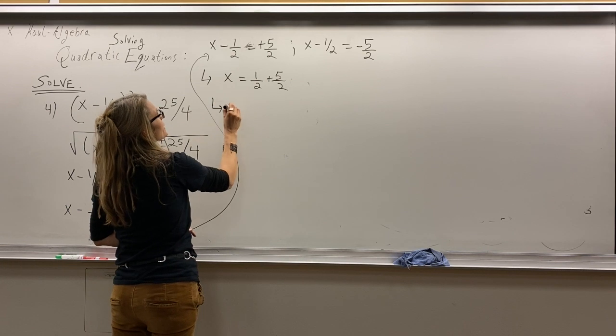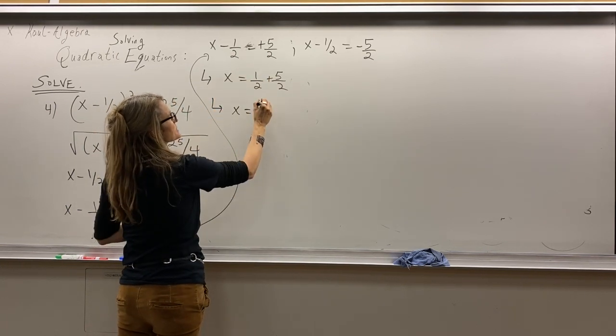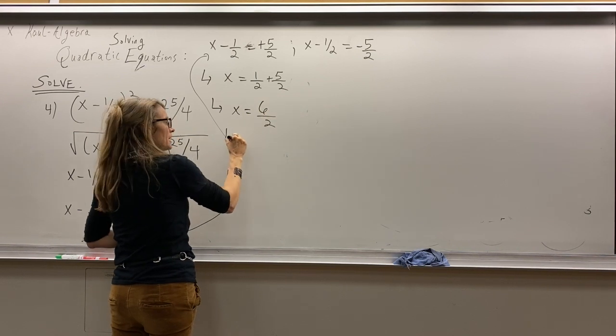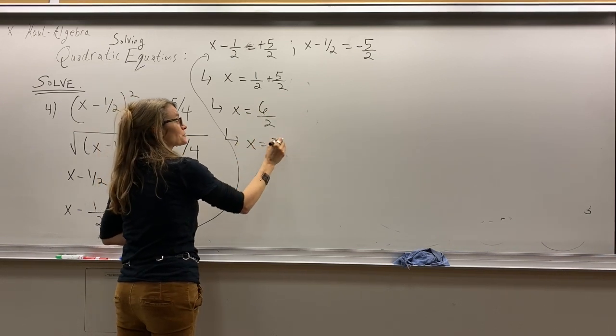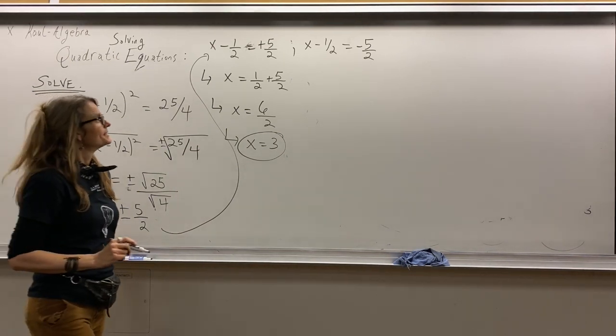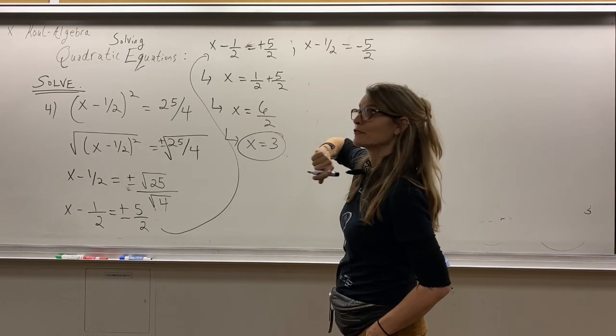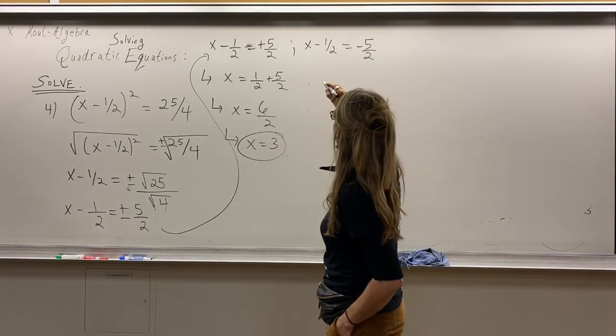So this becomes x equals 1 plus 5 over 2, same denominator, 6 over 2, and finally I get x equals 3 out of all that. So it's a lot of work just to get that solution, but such is life. It's a lot easier than doing the quadratic formula, as we'll see on a problem like this.